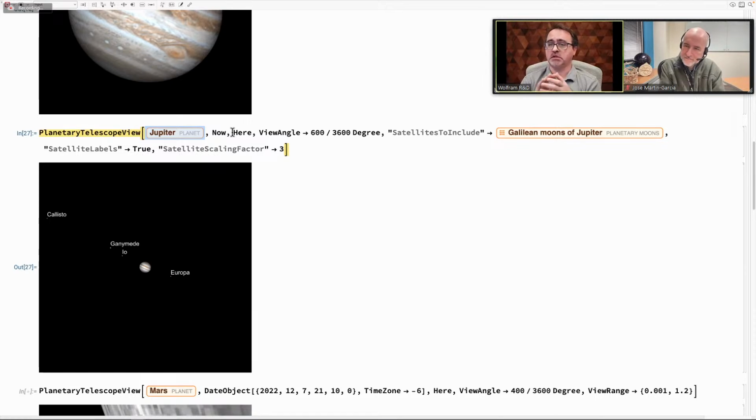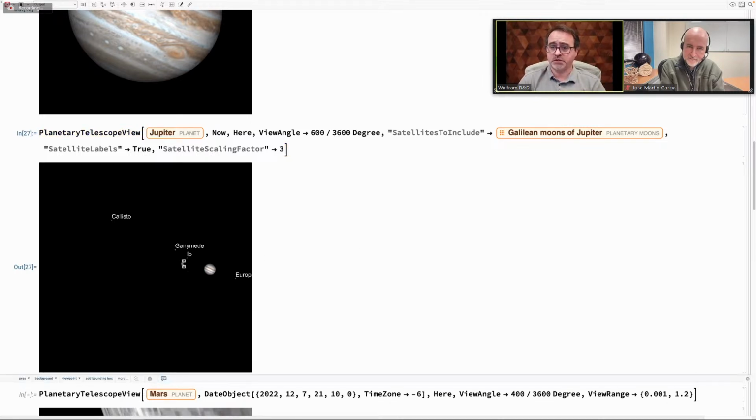But right now the current early implementation is just specifically on entities. So it's got to be something that has known coordinates. But you can center on an object and then you can expand the view angle as necessary to include other nearby objects. You can interactively, of course, move it around. This is like moving your telescope here. So if I just click and drag, that works.